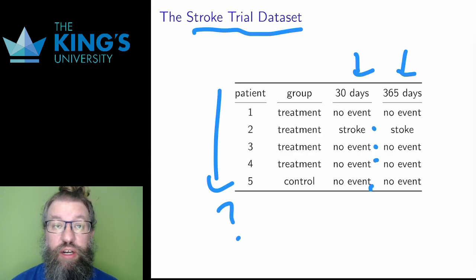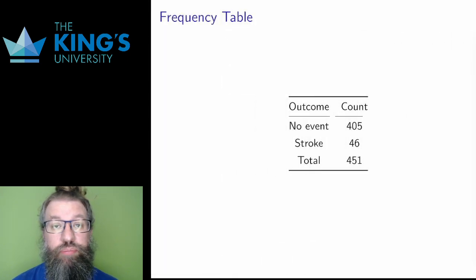Instead, one of the things we can do is to make tables to summarize. A frequency table is a table that gives the total count for each value of a categorical variable. Remember that categorical variables are variables with some set number of categories, which could be anything the researcher wants. So a frequency table is just counting up how many of each category show up for this one particular variable.